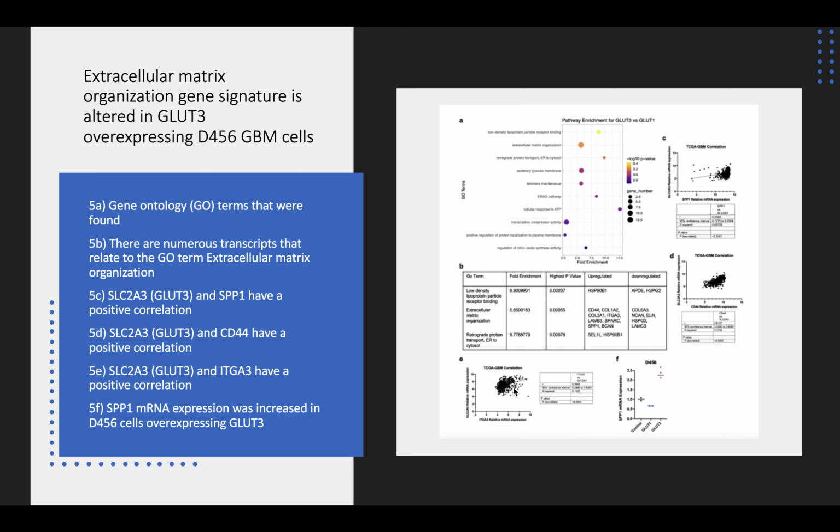This was also shown to have a positive correlation. And as it relates to 5F, again, we're skipping the charts. The y-axis represents SPP1 mRNA expression. And the x-axis represents the control, GLUT1, and GLUT3. And this is as it relates to D456. And it was shown, for the synopsis, that SPP1 mRNA expression was increased in D456 cells overexpressing GLUT3.